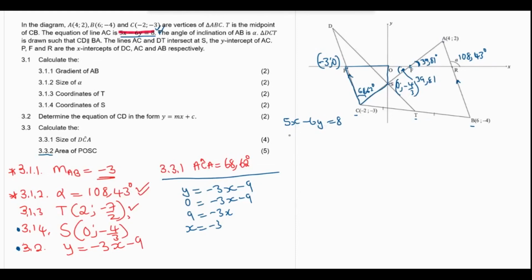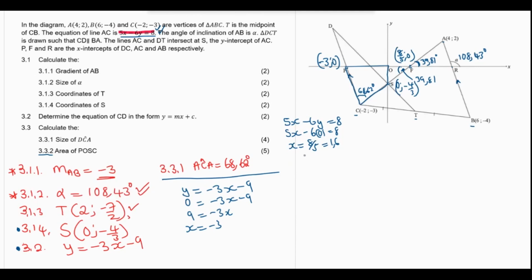Where there's y, put 0. 5x minus 6 times 0 is equal to 8. Meaning that x is equal to 8/5, which is 1,6. So it means F is 8/5, 0. 8/5 is 1,6. Okay. Right, we have the coordinates of C.